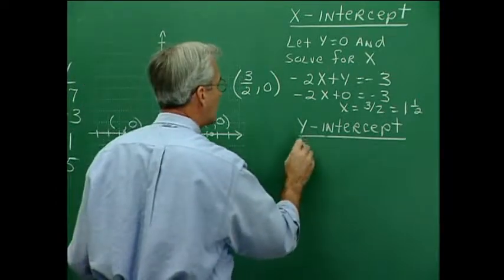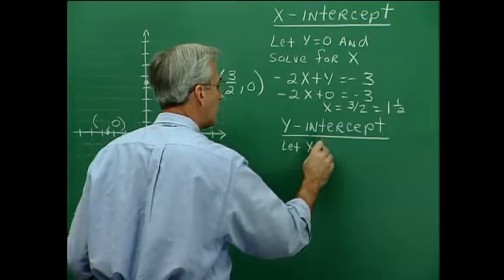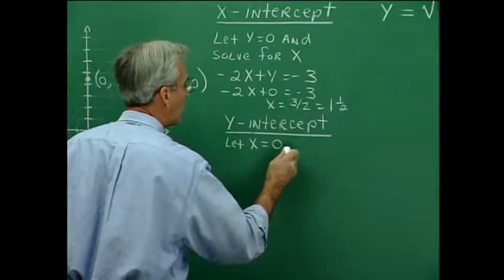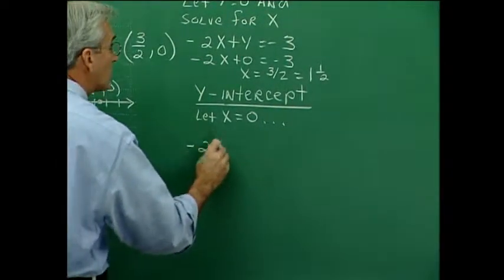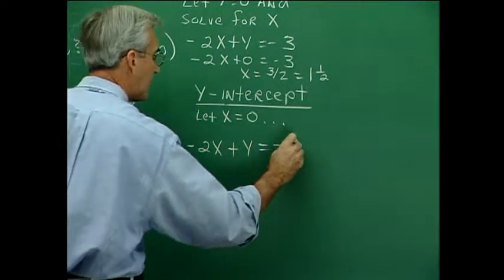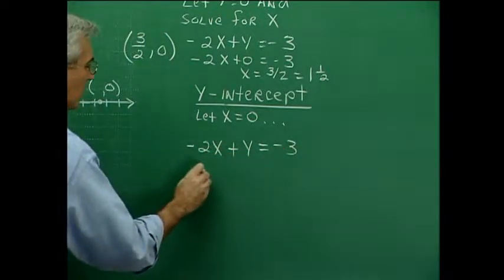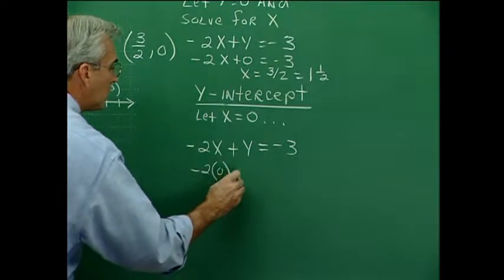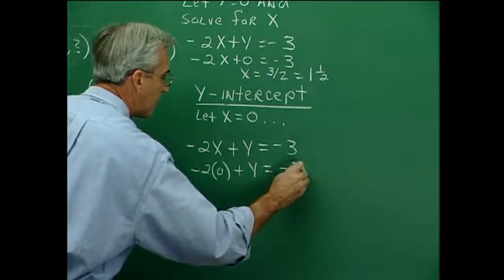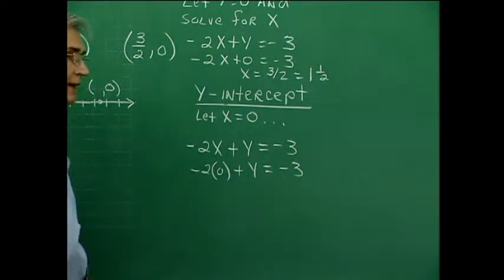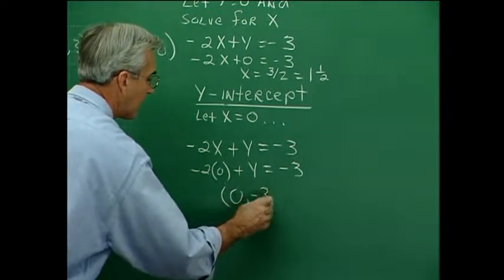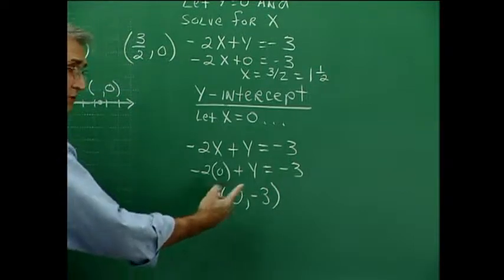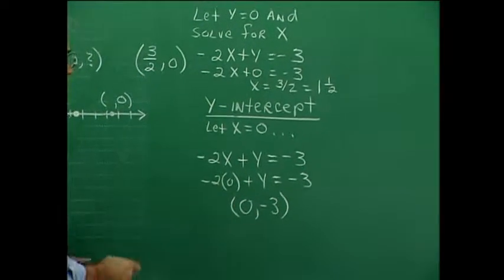To find the y-intercept, we let x equal 0 and solve for y. All right, let's do that. We have negative 2x plus y equals negative 3. We let x be 0. We have negative 2 times 0 plus y equals negative 3. This term goes out, so y is negative 3. When x is 0, y is negative 3. So the point 0, negative 3 is on the graph, and that is our y-intercept.